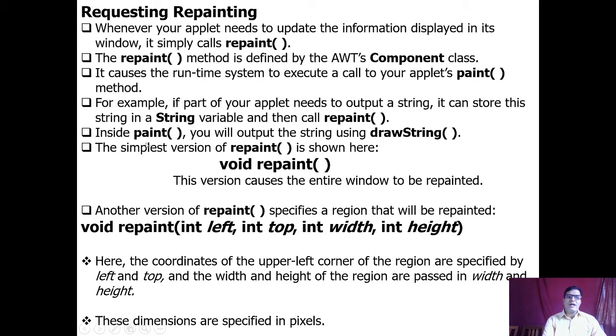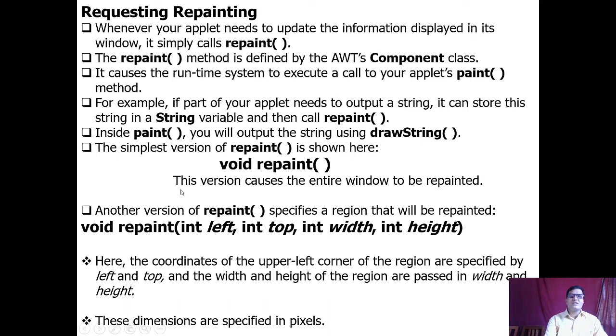Inside paint, you will output the string using the drawString method. If you want to display the string by calling the repaint method, you are supposed to call the paint method. Even if you are calling the repaint method, it works based on the paint method. In the paint method, we have the drawString method. By using that drawString method, the repaint method will be executed.